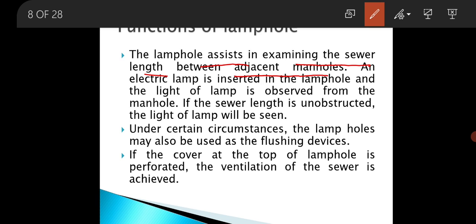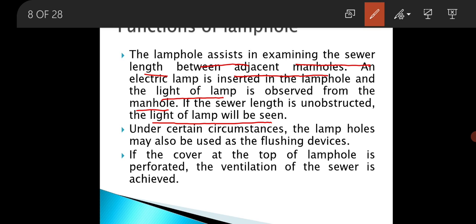In this case, an electric lamp is inserted in the lamp hole and the light of the lamp is observed from the manhole. If the sewer length is clear, that means if it is unobstructed, then you can see the light of the lamp. So this is the first purpose, that is inspection.